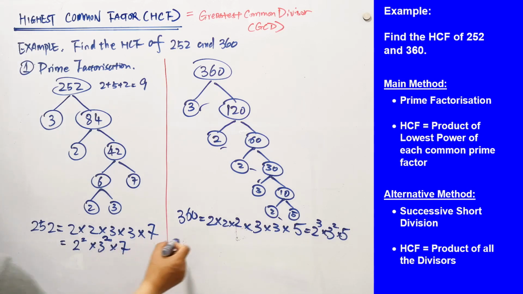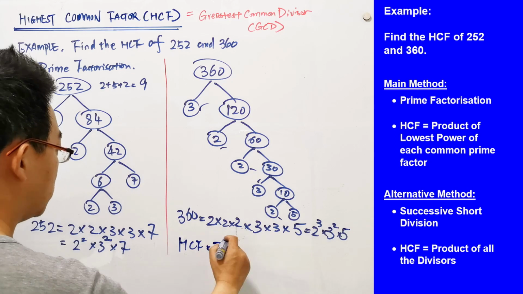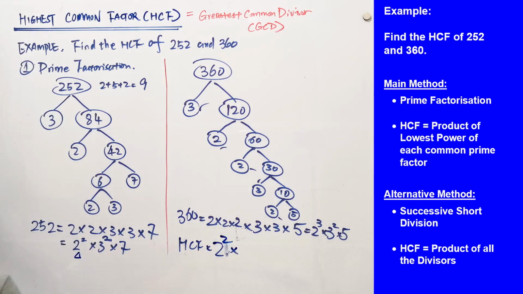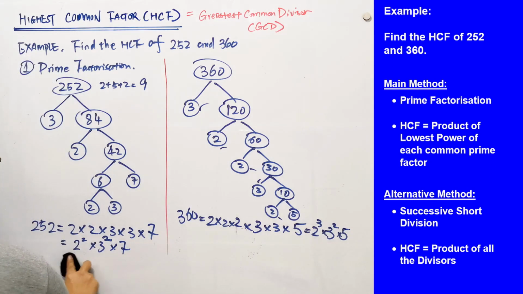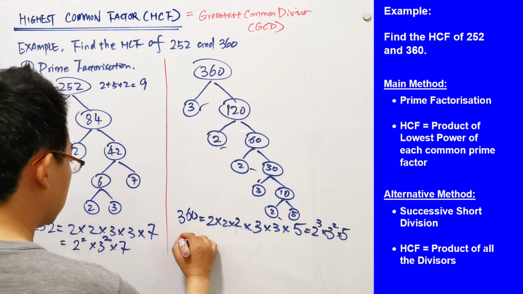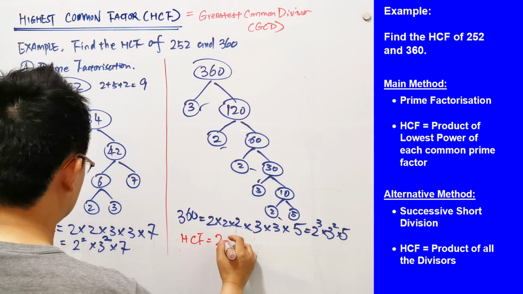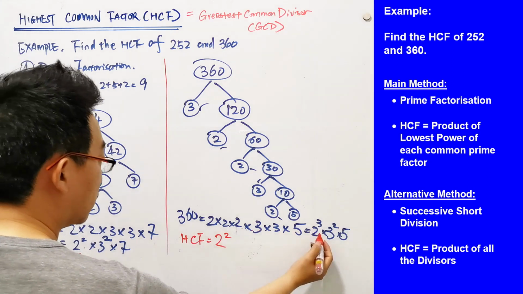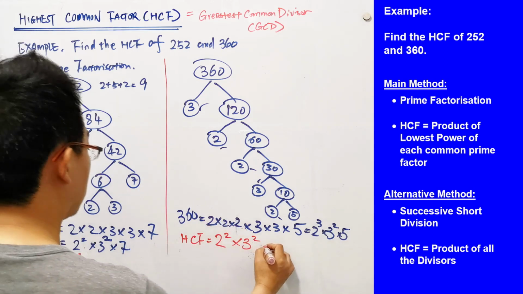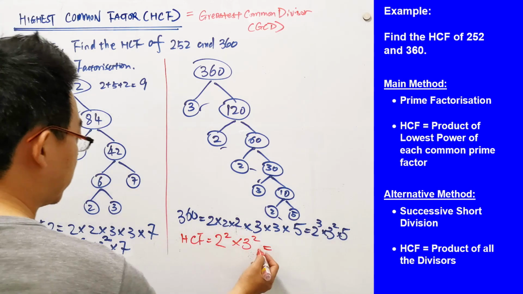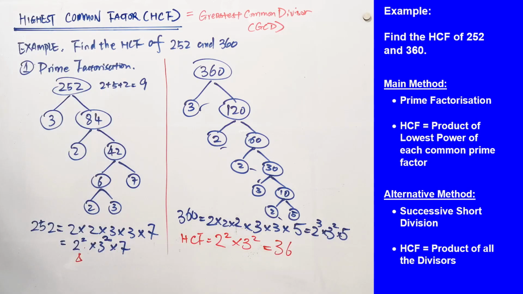We have 2, the lower is 2 squared here. How about 3? 3 is the same. 5 we don't have. So what number do we have? We get 4 times 9, 36, right? Okay, so this is the one.